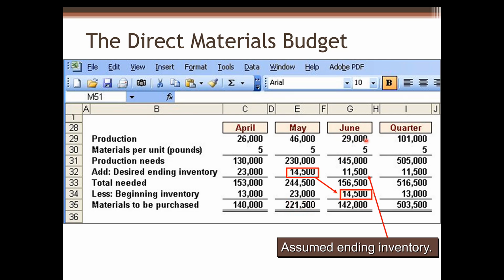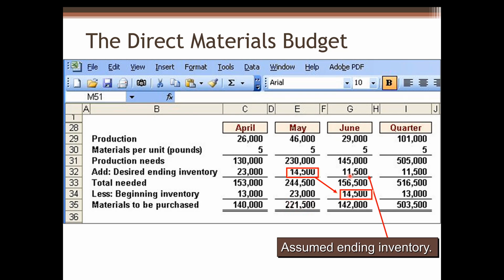And same for June. 29,000 units multiplied by 5, and we get production needs of 145,000 pounds. For desired ending inventory in June, this is an assumed number. Based on the previous quarter or the same quarter of the previous year, the manager will estimate the ending inventory in June.